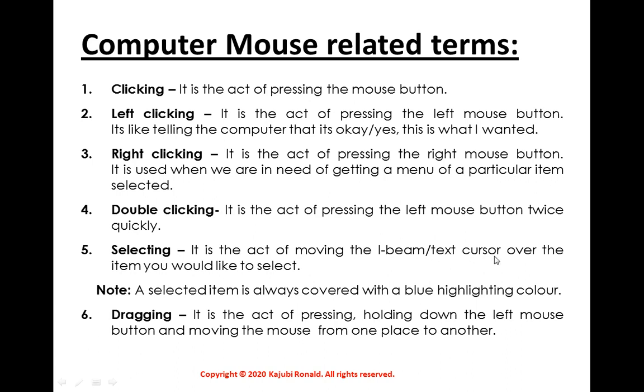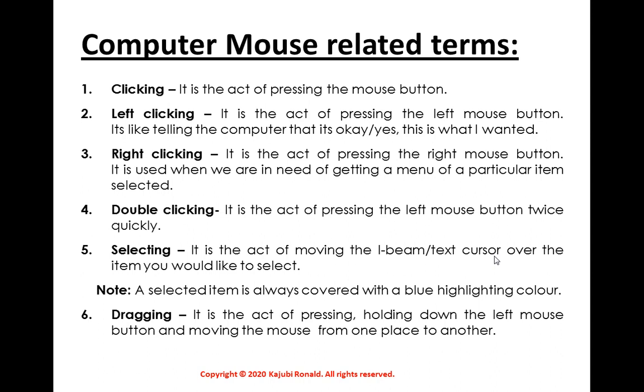You can call it an I-beam, or we can call it a text cursor. So when you move a text cursor over an item, it means you are doing what you call a selecting process. So selecting simply means the act of moving a text cursor over an item.